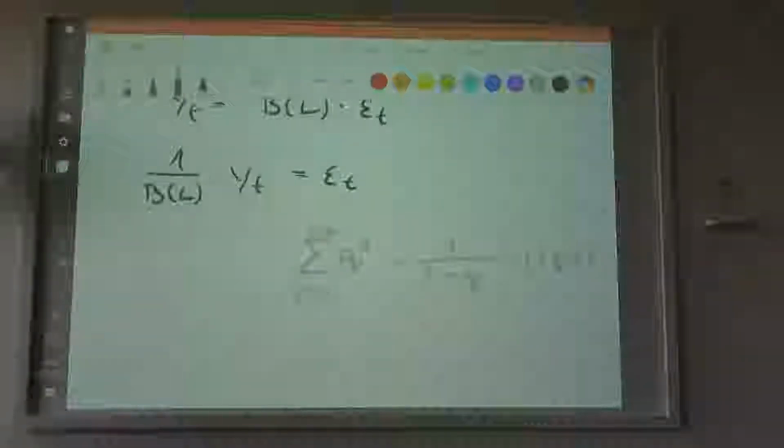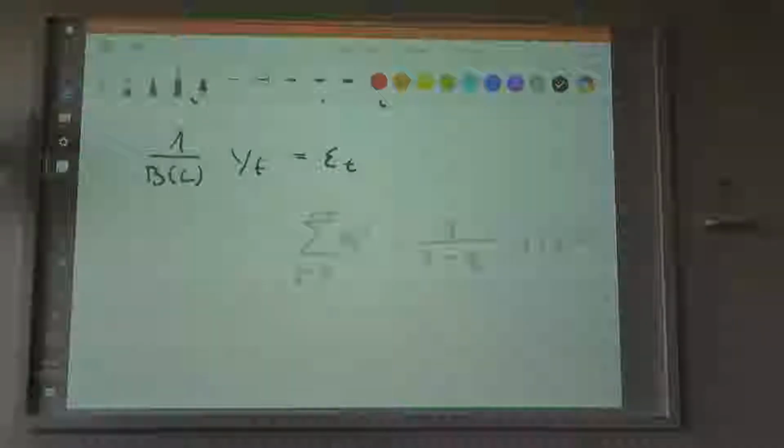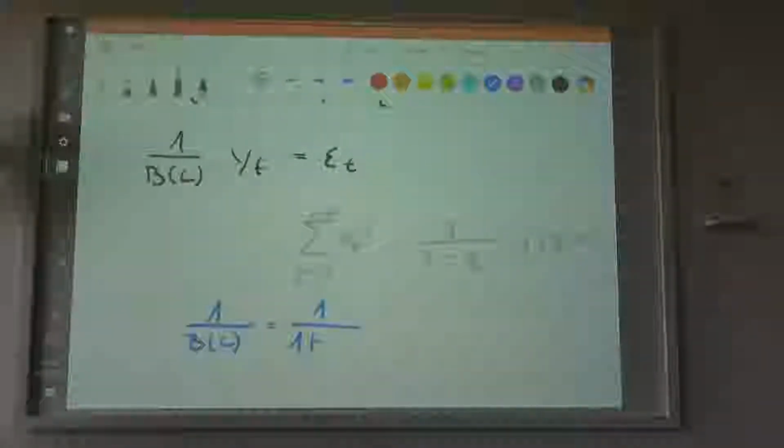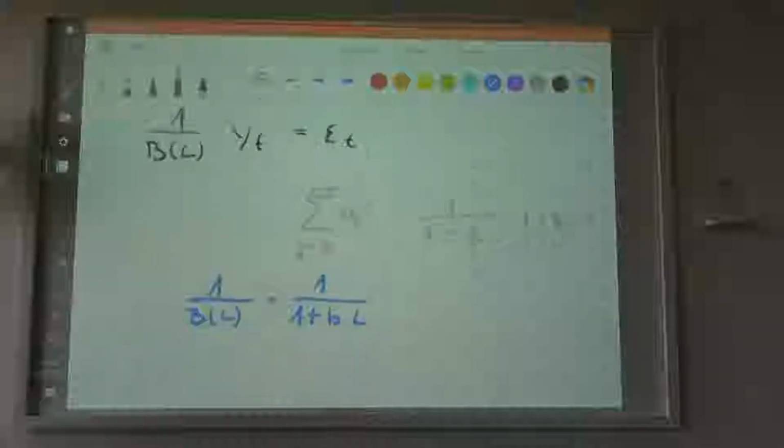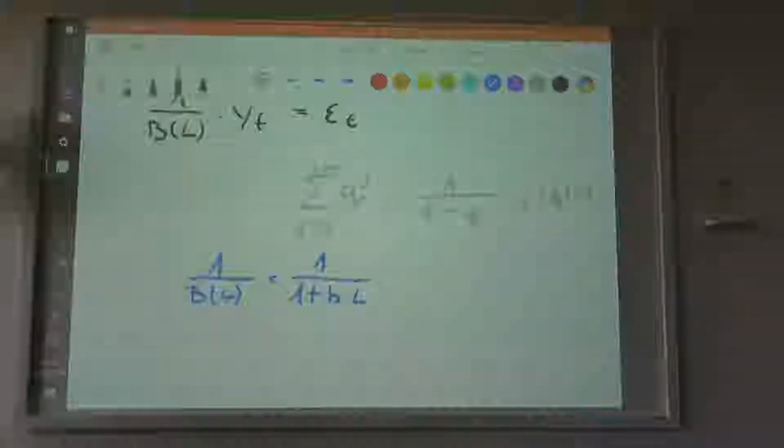Now we can apply this, and basically what you would have for the lag polynomial is the following expression. So 1 over the lag polynomial at point L is going to be equal to 1 over 1 plus B times L. If I want to make that similar to this expression, I use a little trick here.